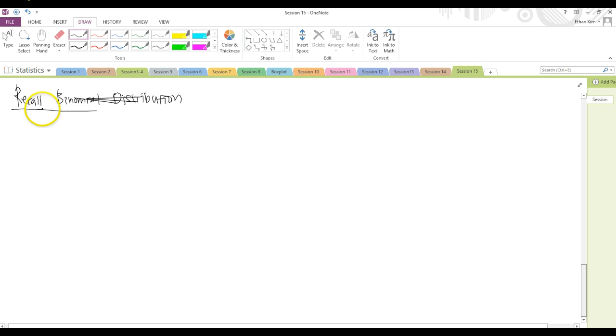So binomial distribution has two possible cases, one is success and one is failure. And for binomial distribution, we have two parameters, n and p.